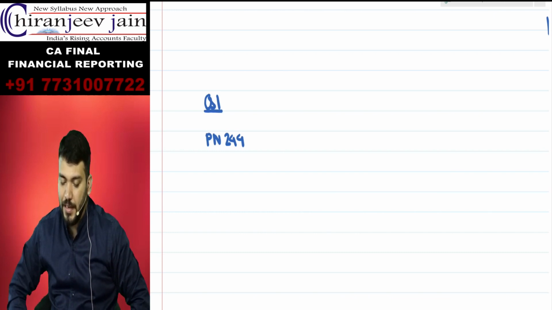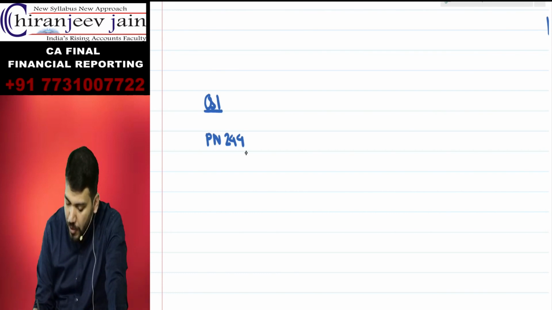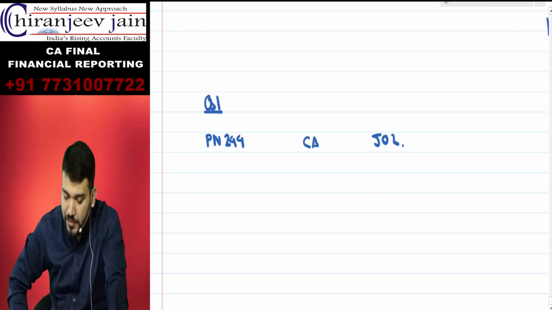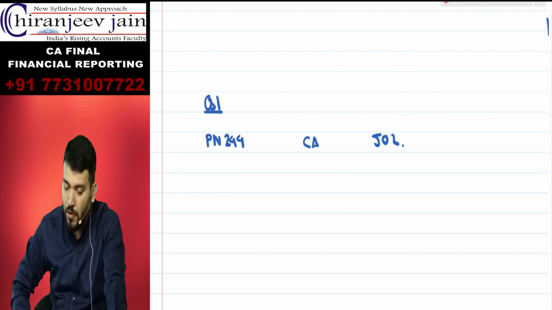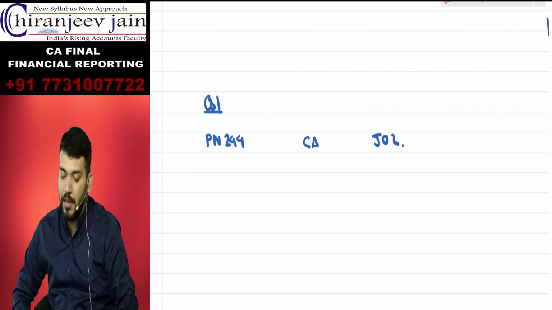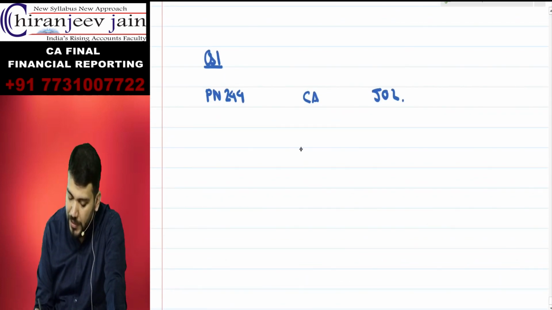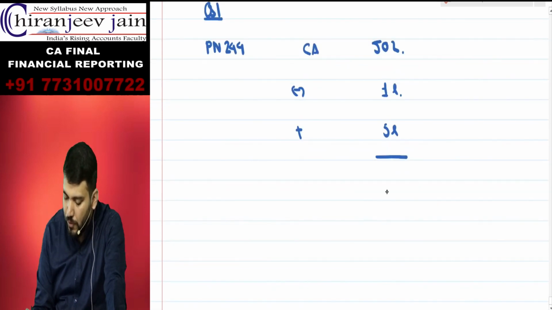The building has a carrying amount of 50 lakh. X Limited recently replaced the interior wall of the building and the cost of the new interior wall is 5 lakh. The original wall had a carrying amount of 1 lakh. How should X Limited account for the above cost? So minus 1 lakh, plus 5 lakh, balance is 54 lakh.